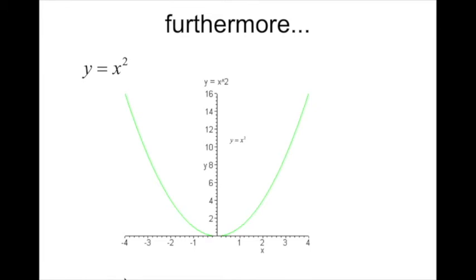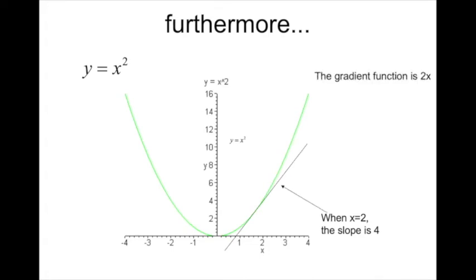So again, just to recap, this is our original function, y is equal to x squared, and we want to find the slope when x is equal to 2. And we have found the gradient function, which is 2x.